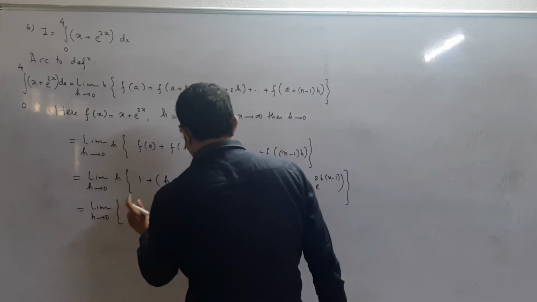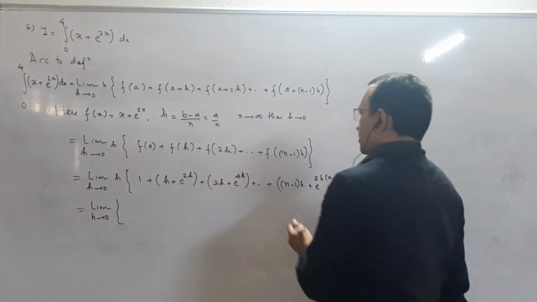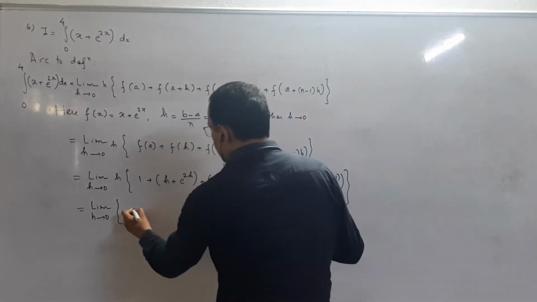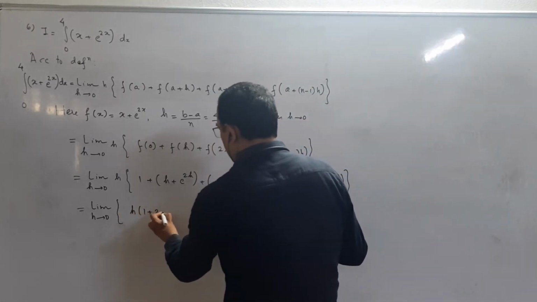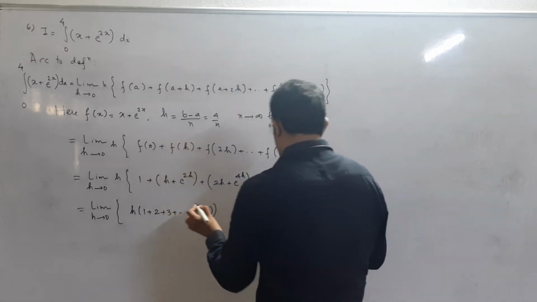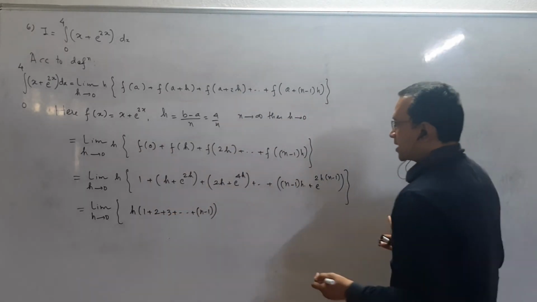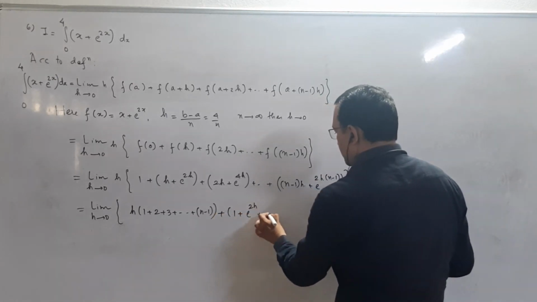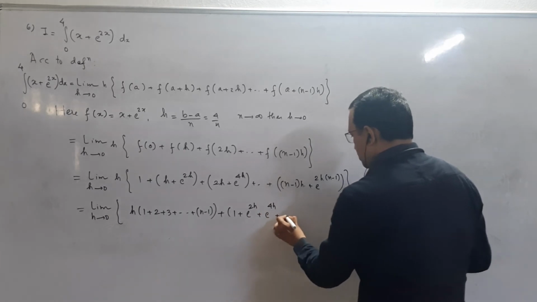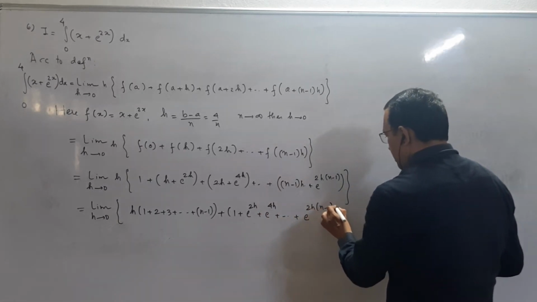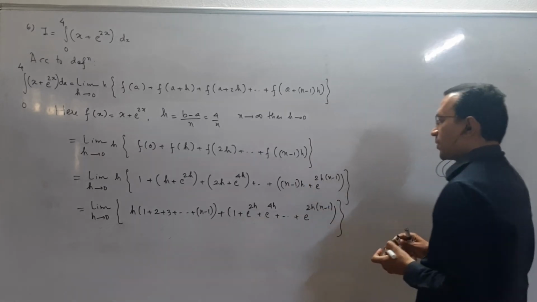So 1 plus h, h plus twice h plus up to n minus 1 h, so h into bracket 1 plus 2 plus 3 up to n minus 1. Then exponential terms with 1 plus e raised to twice h plus e raised to 4 times h plus e raised to twice h into n minus 1.